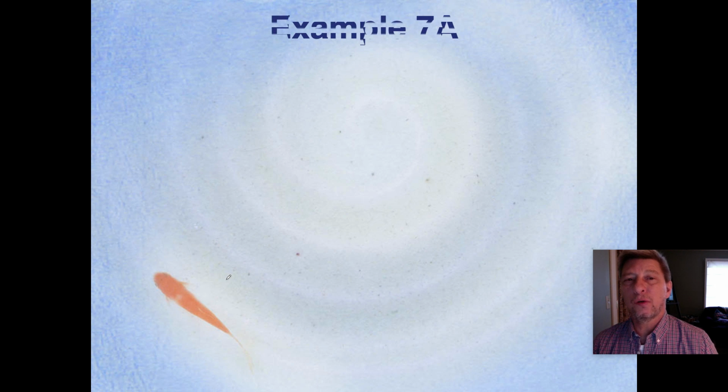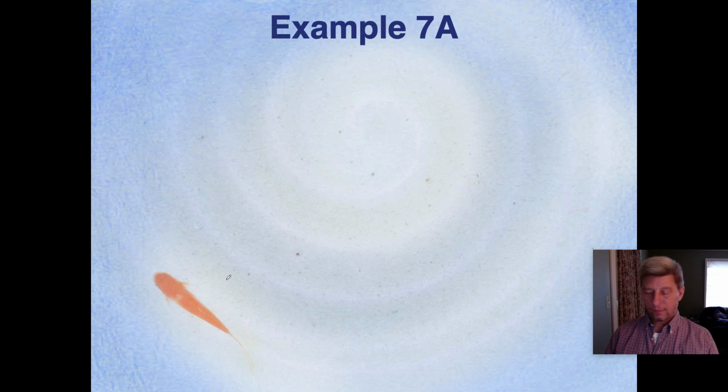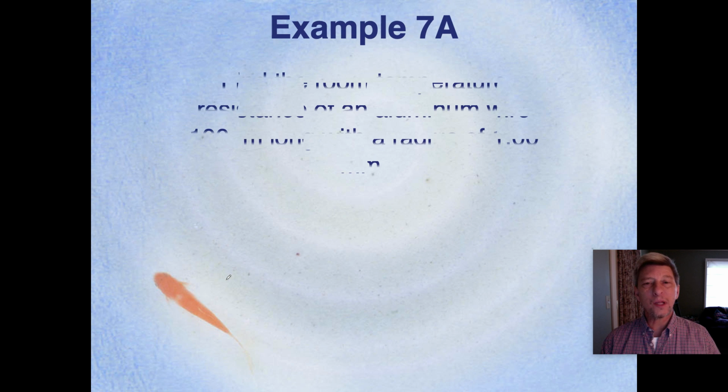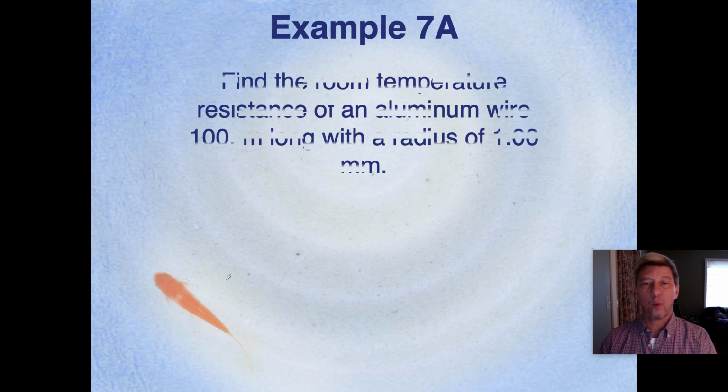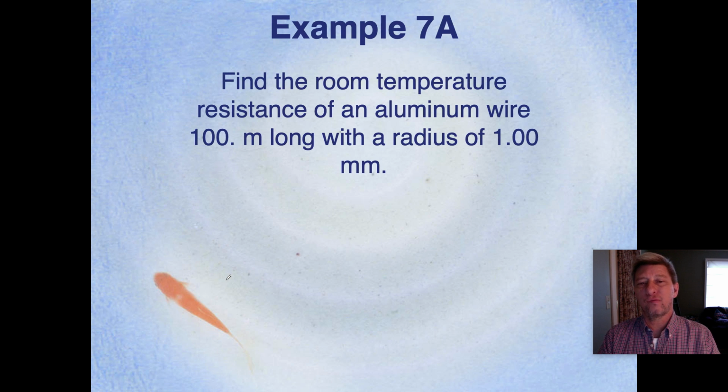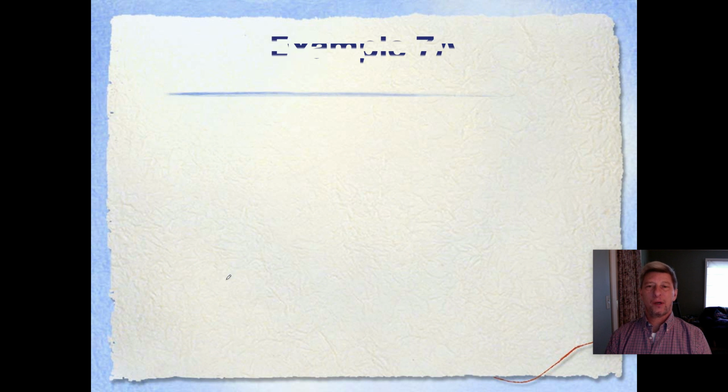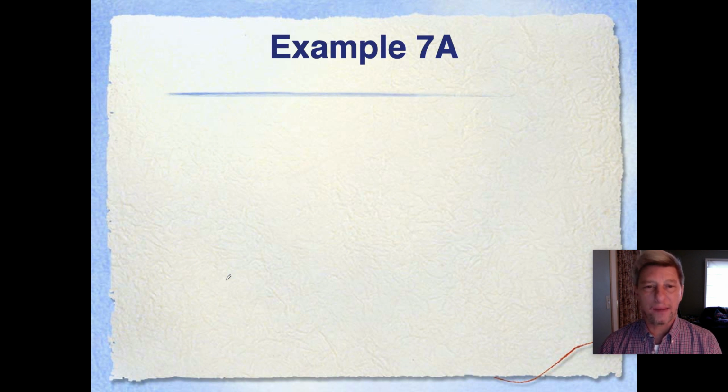This brings us to example 7a. So here, I'm going to be looking for the resistance in a wire. I want to find the room temperature resistance of an aluminum wire 100 meters long with a radius of 1.00 millimeters. So let's have a look here. We start out with example 7a.